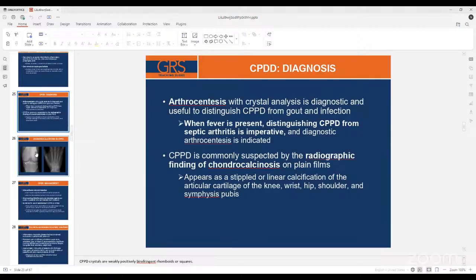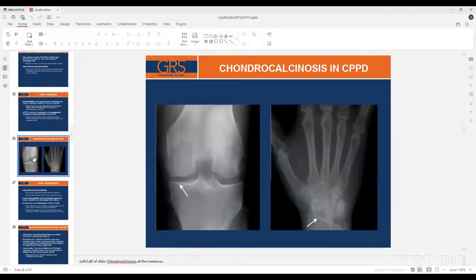CPPD is commonly suspected by radiographic findings of chondrocalcinosis on plain films, which appears as stippled or linear calcification of the articular cartilage of the knee, wrist, hip, shoulder, and symphysis pubis. Whatever the affected joint, you will see a line of heavy whiteness that is not present normally in normal joints, as you can see here.